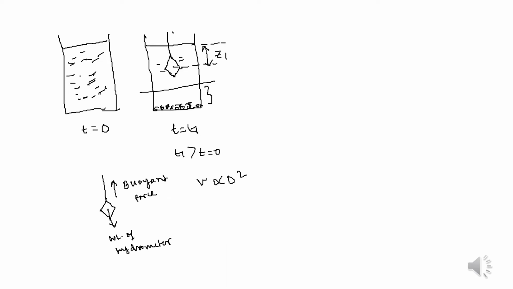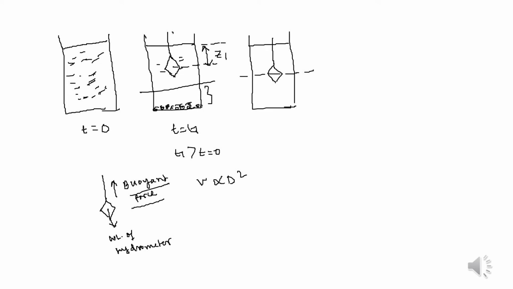The weight of the hydrometer remains constant, but as more and more particles settle, the suspension provides lesser buoyant force. So this buoyant force starts decreasing, and as time progresses, the hydrometer sinks more and more downwards into the soil sample.